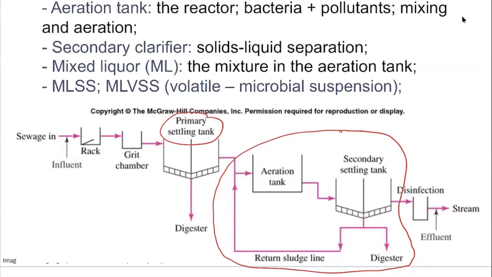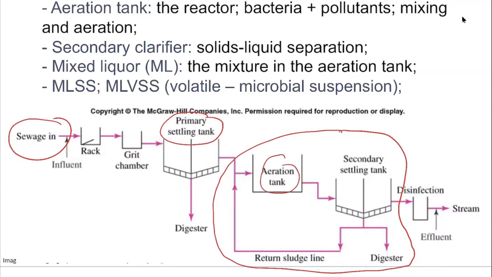So basically, it's going to be the pre-treated wastewater. The reason why we don't move this section here is because, as we said, the sewage in has a lot of large chunks of solids, right?